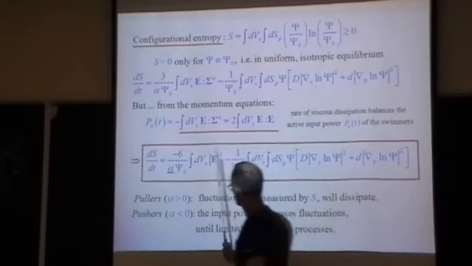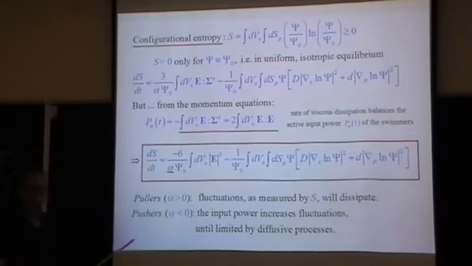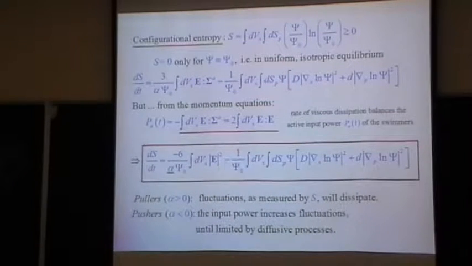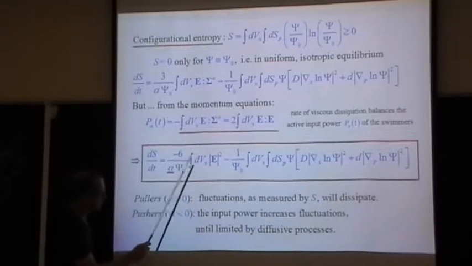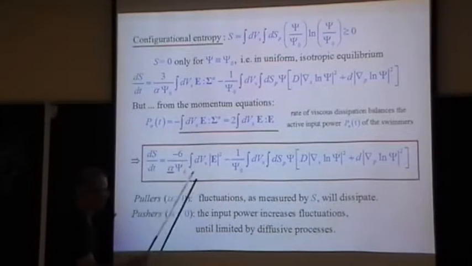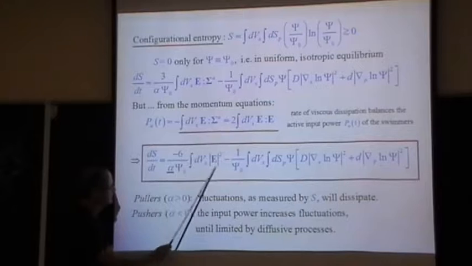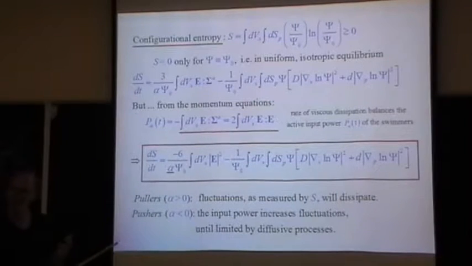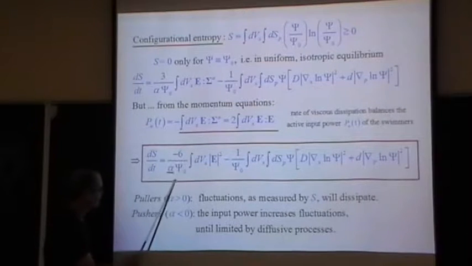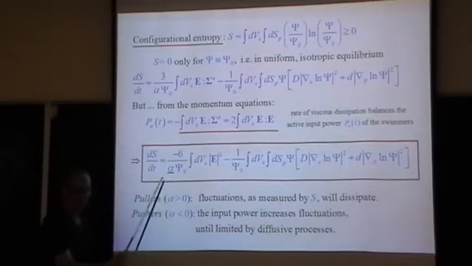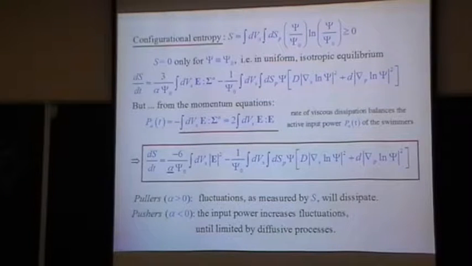But there's a piece that comes from the work being performed on the fluid by the swimmers, and it is proportional, since it's actually input power, not work, through the Stokes equations, to the rate of total viscous dissipation. And you end up with an alpha, this signed, rescaled stress term, sitting in front.